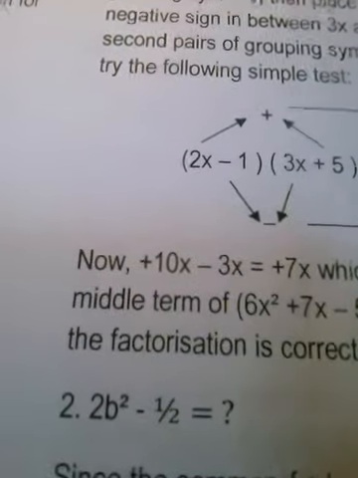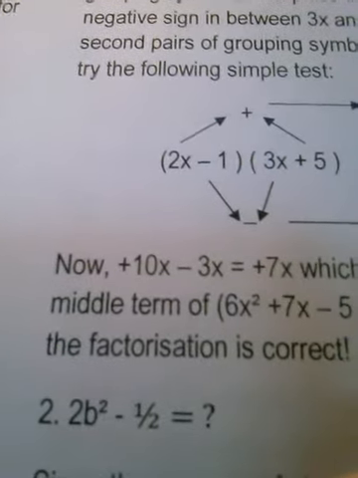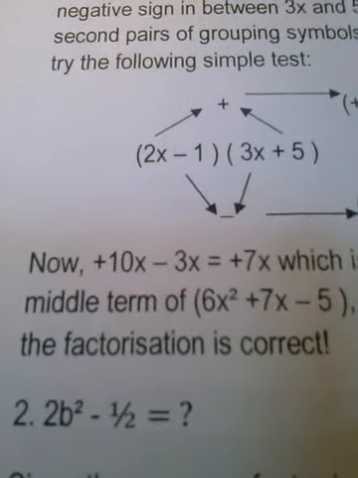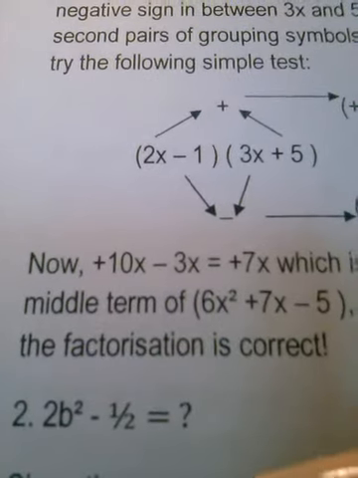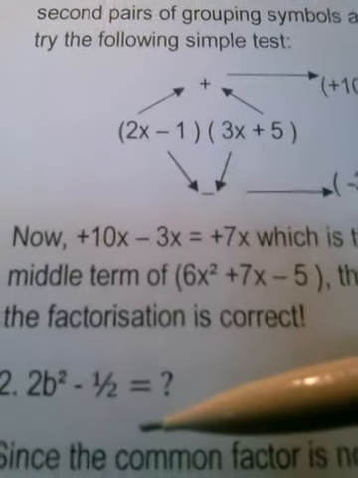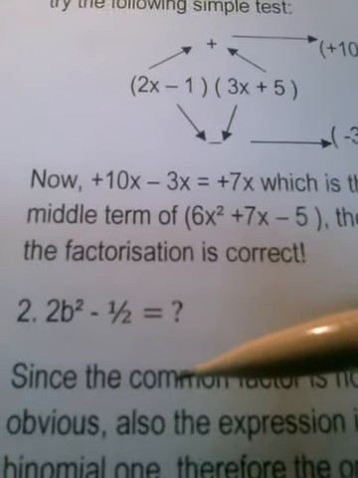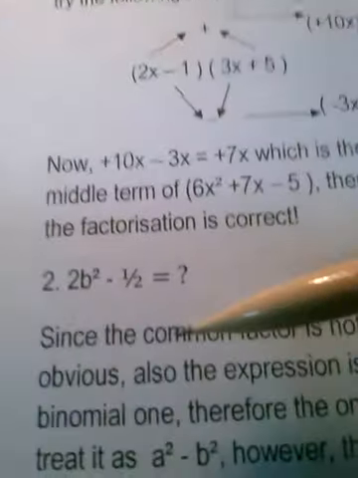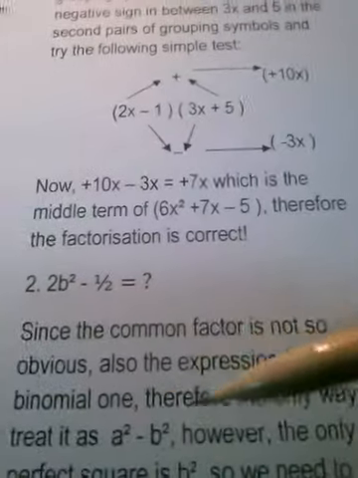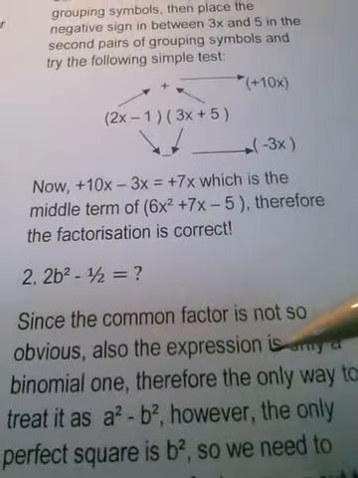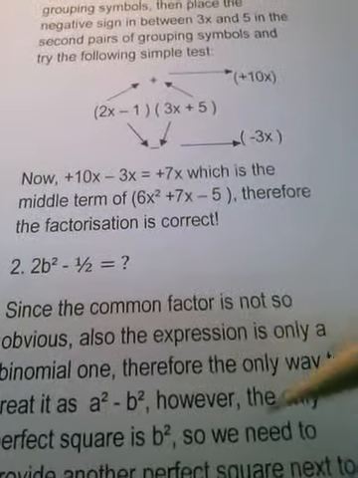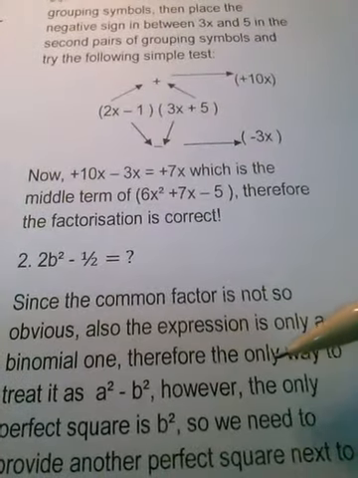And in the second example, you have 2b squared minus half. Now here, the common factor is not so obvious, and the expression is only a binomial.